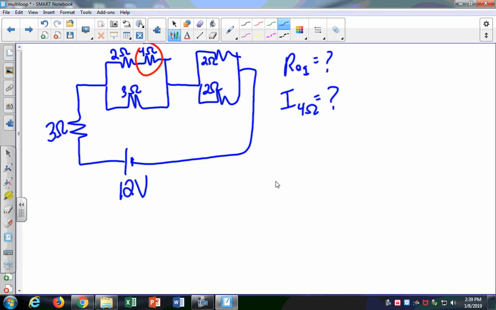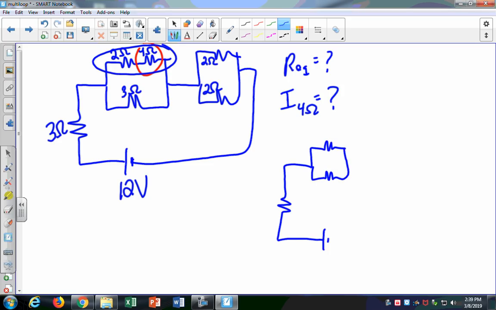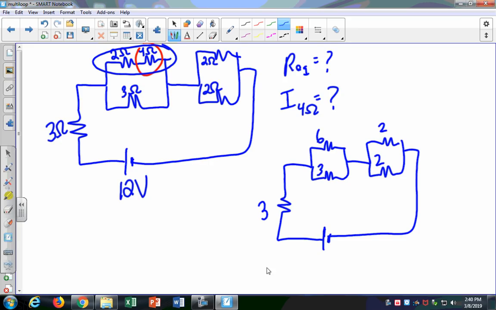So first, let's just do the equivalent. I'll start with this. 2 and 4 is 6. I'm going to draw every intermediate circuit. You probably don't need to do this for the exam if you've been practicing, but if you need to, that's fine. I have 3, 6, 3, 2, and 2.